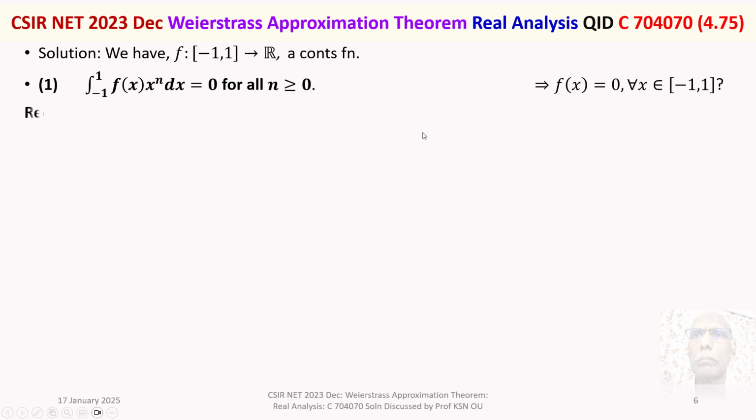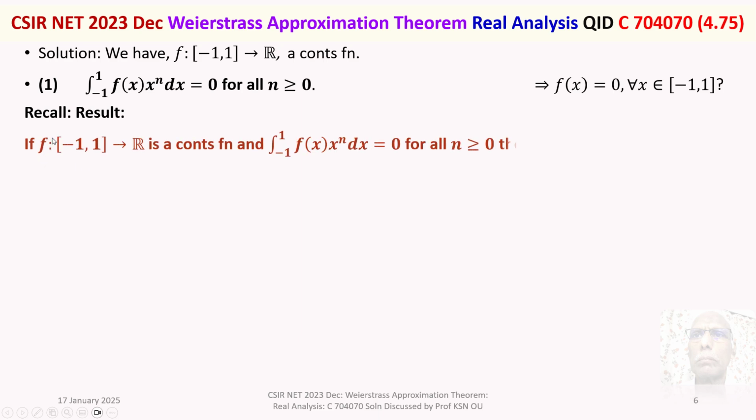So we recall a result. The result is, if f is a continuous real valued function defined on -1 to +1 and integral -1 to +1 f of x to the power of n dx is equal to 0 for all n greater than or equal to 0, then f(x) is equal to 0 for all x belongs to -1 to +1.